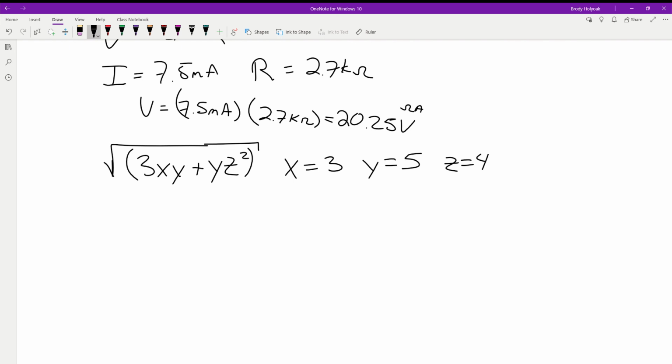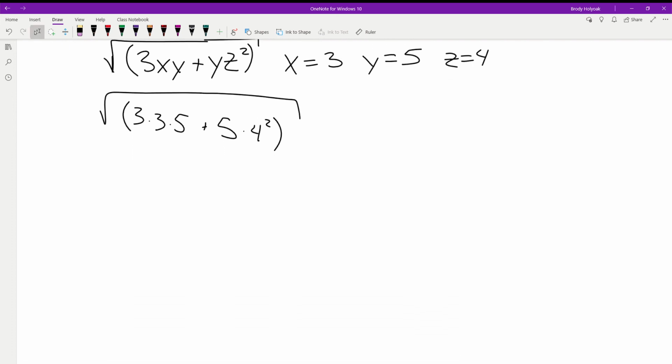So we have a couple ways to do this. We can go through and break this up individually. We can plug all the numbers in and then plug it into our calculator. So we just have to understand what we are doing. So we take the square root of 3 times 3 times 5 plus 5 times 4 squared. Let's combine all this together and simplify as we go.